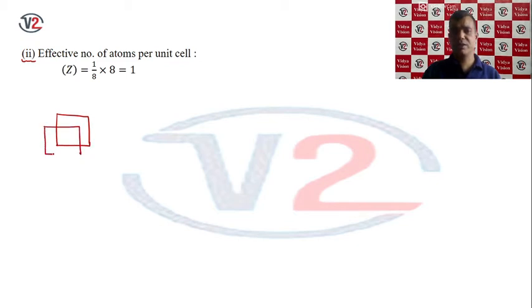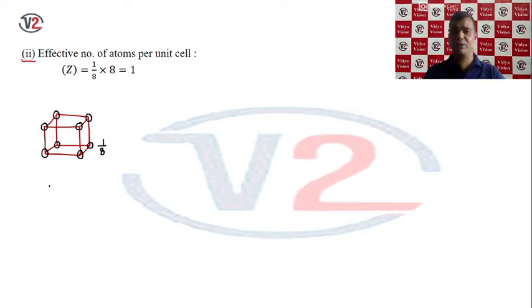What will be the contribution of one particle present at the corner in one unit cell? The contribution of the particle present at the corner is 1 by 8 in one unit cell.